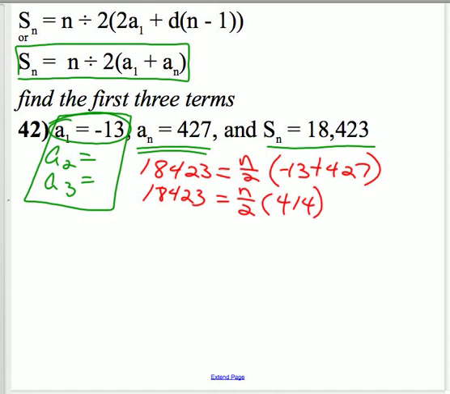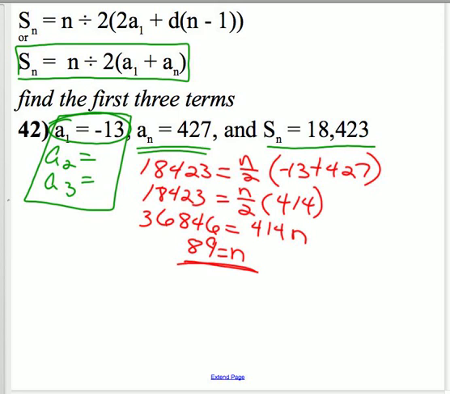And however you like to do it, whatever steps you like to solve this, here I'm multiplying by 2. And I'll divide by 414. Oops. I'll get n to be equal to 89.